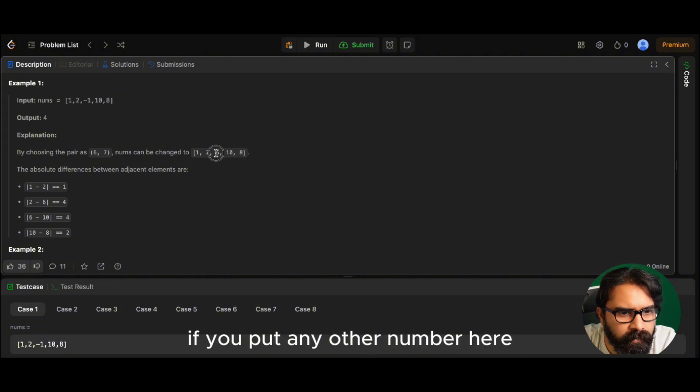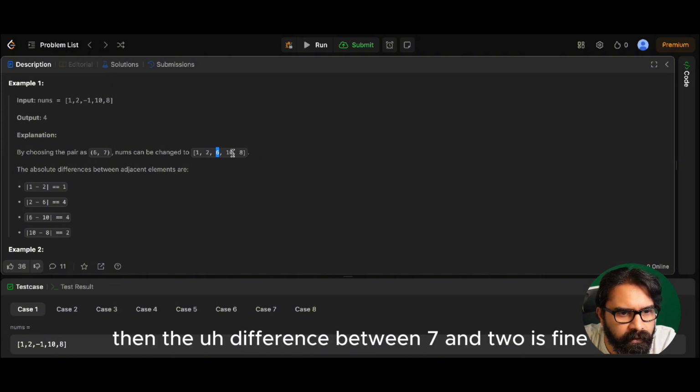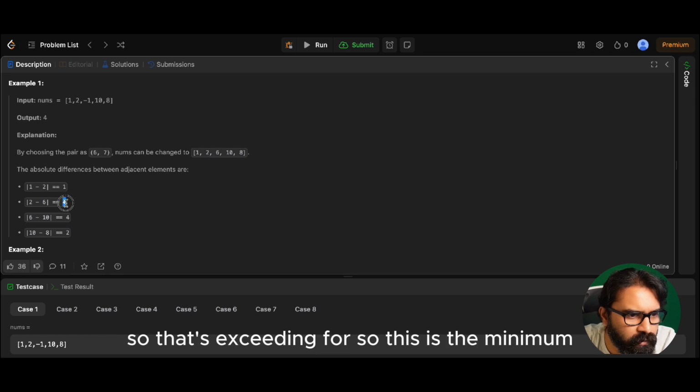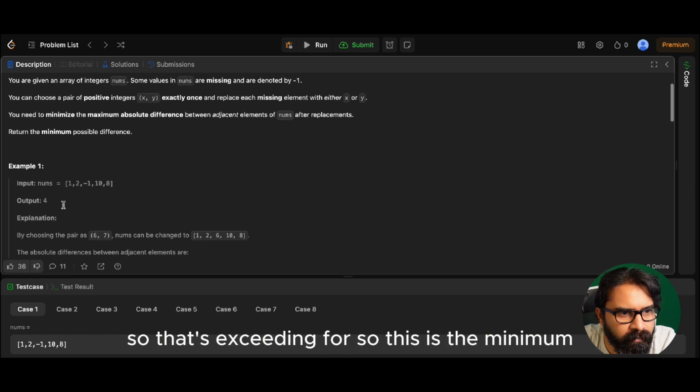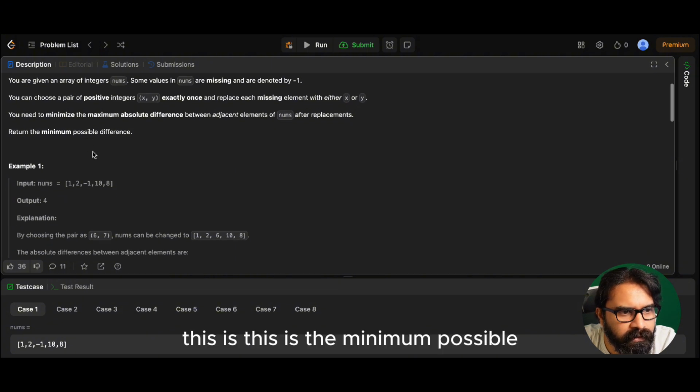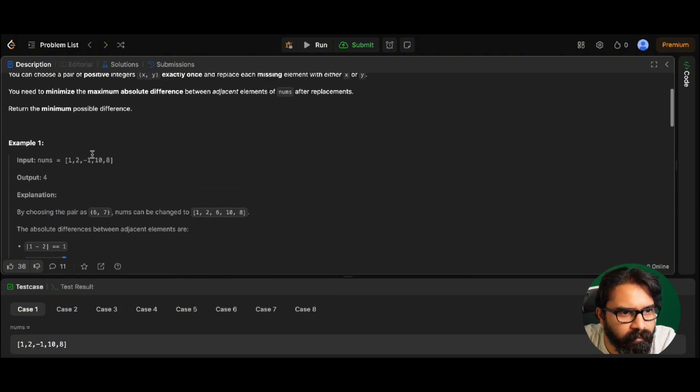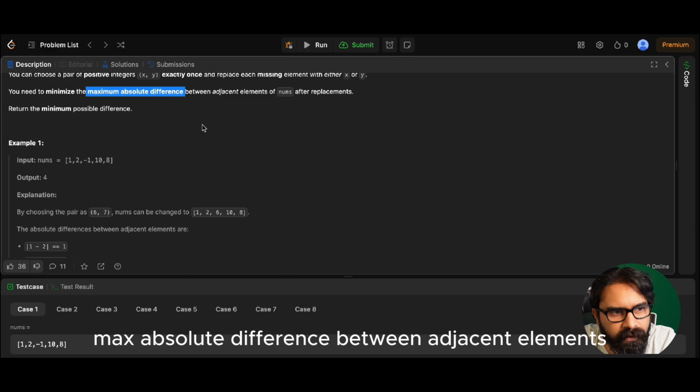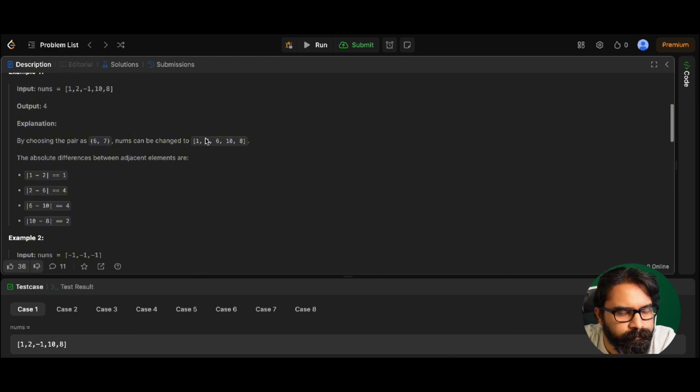If you put any other number here, let's say 7, then the difference between 7 and 2 is 5. That exceeds 4, so 4 is the minimum possible maximum absolute difference between adjacent elements.